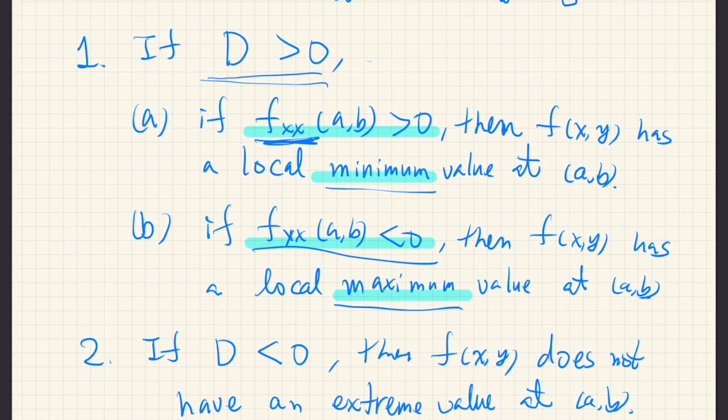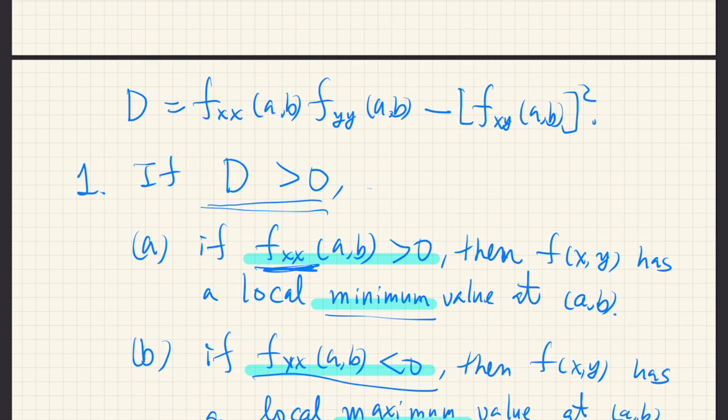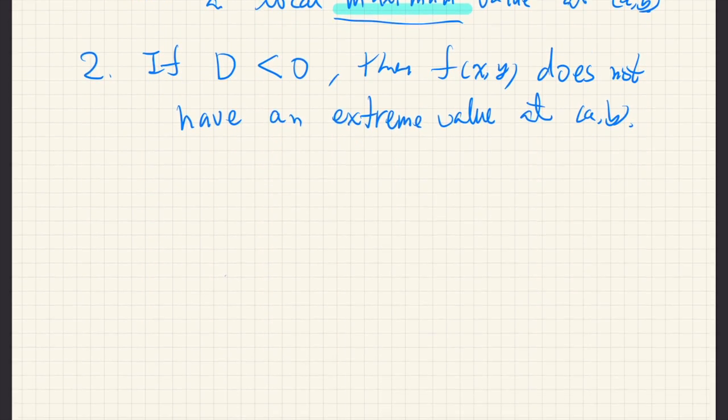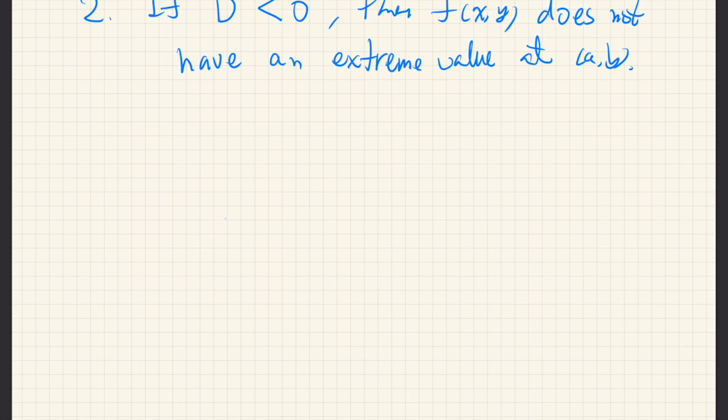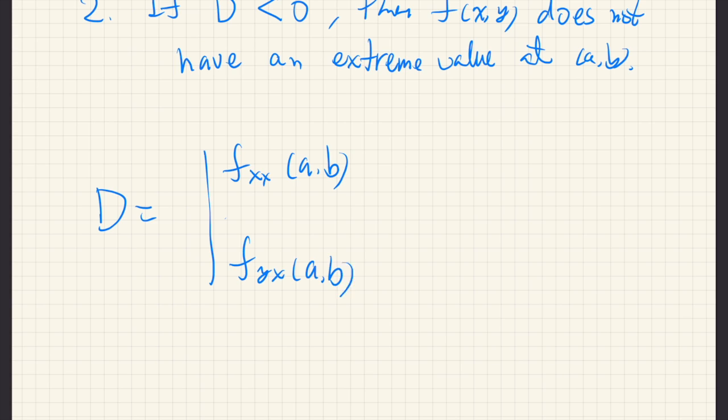Now, you should be wondering why this D is called a determinant. In fact, this is a determinant of some matrix. So this D can be written as this: fxx(a, b) and fyx(a, b), fxy(a, b), and fyy(a, b).